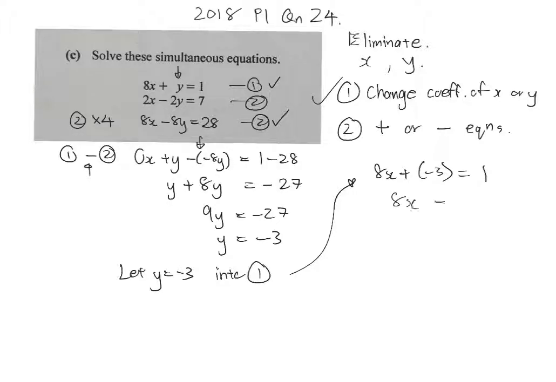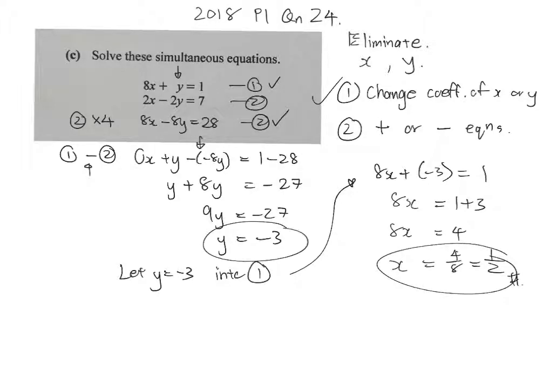So 8x, bring over to give you positive 3. So 8x equals 4, solving, 4 over 8, a half. Okay, so we have found our x, we have found our y. So we have solved for both variables.